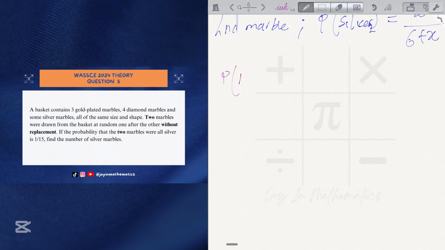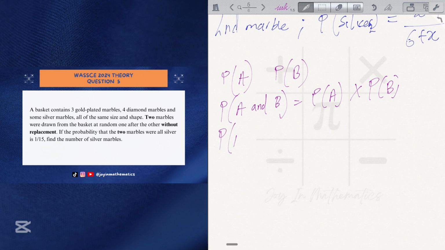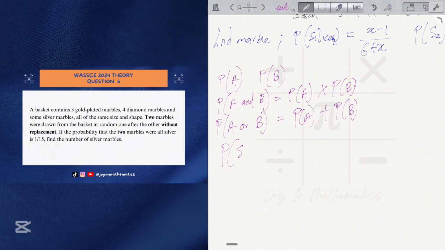If A and B are independent events, the probability of A and B happening at the same time is the probability of A multiplied by the probability of B. And the probability of A or B happening is the probability of A plus the probability of B. So in view of this, what is the probability that the first marble drawn is silver and the second marble drawn is silver? This means we have to multiply the probability of the first marble being silver and the second marble being silver. So this means P S1 multiplied by P S2.